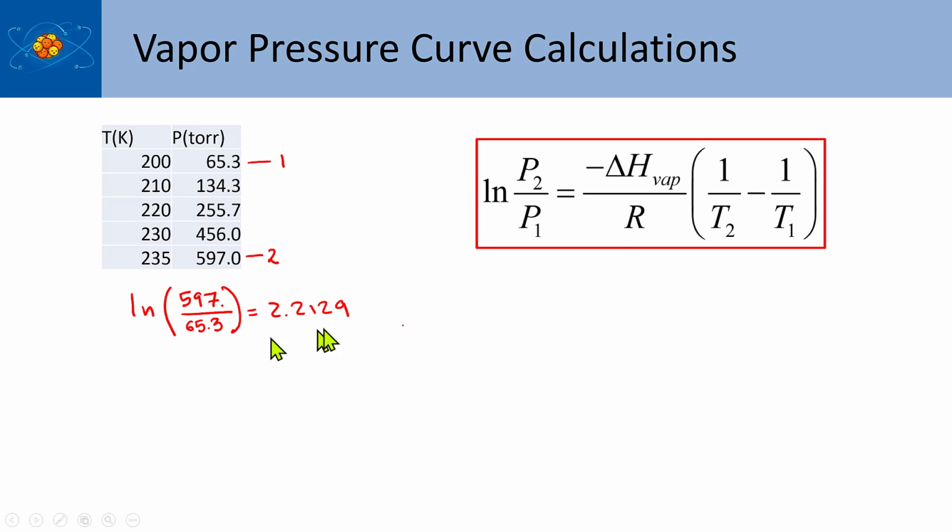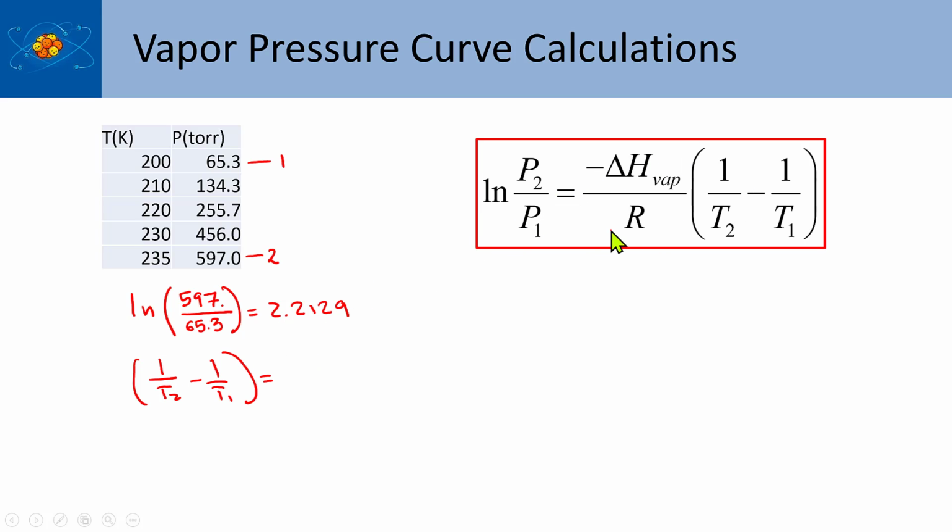Now, honestly, where people have the most trouble is with this calculation here. So we're going to go ahead and do that calculation separately too. So we're going to go 1 over T2 minus 1 over T1. I'm just calculating the parts.